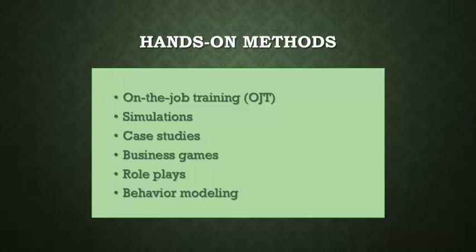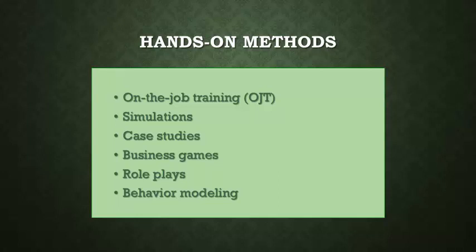After on-the-job training, we have simulations, in which the whole idea is that you're going to simulate a real-life situation. They always talk about these airplane simulators in which people would learn how to fly planes. It is a risk-free environment in which if you crash a plane in a simulator, it's okay.